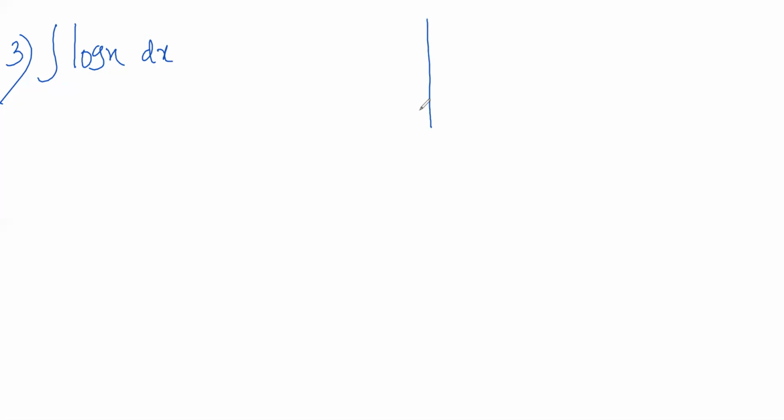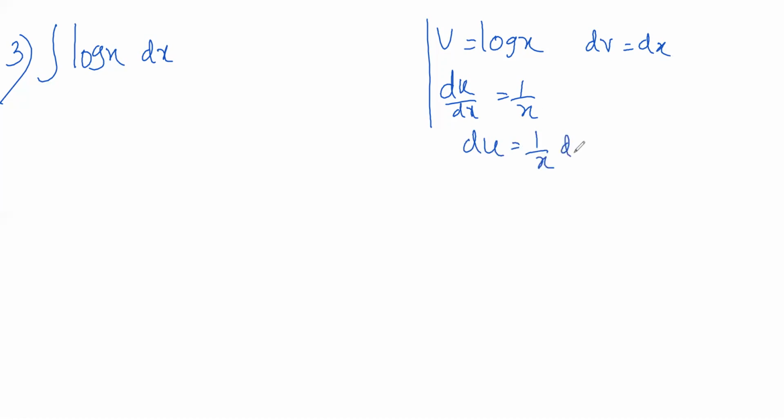Yes, since there is only one term as before, we are taking u is equal to log x, remaining term dv is equal to dx. So we are doing this one using integration by parts. So du by dx is equal to 1 by x. So du is equal to, cross multiplying, 1 by x into dx. Here v is equal to x. Now integration by parts formula, what?